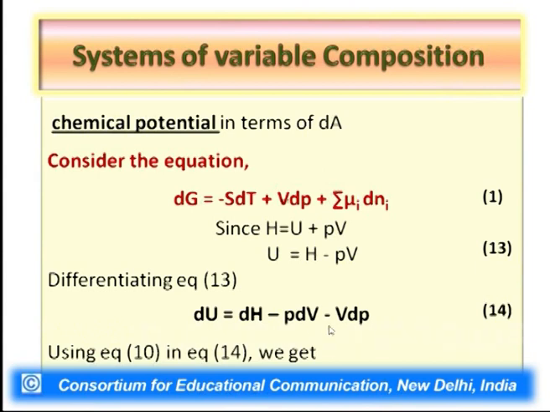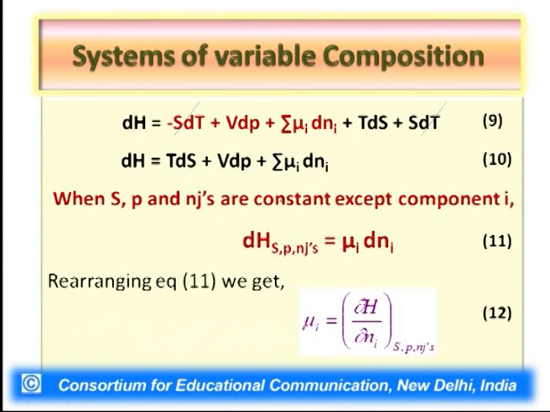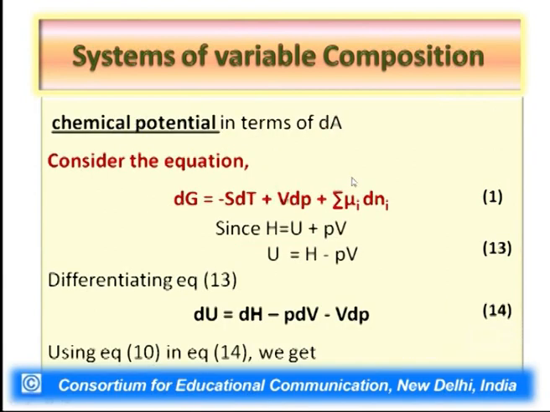Now, this equation 14 basically relates the internal energy change with the change in enthalpy and the volume and pressure. So, now we can make use of equation 10 in equation 14. What was equation 10? It was basically the expression for dH. If you see it very carefully, dH equal to TdS plus VdP plus summation mu i dni.